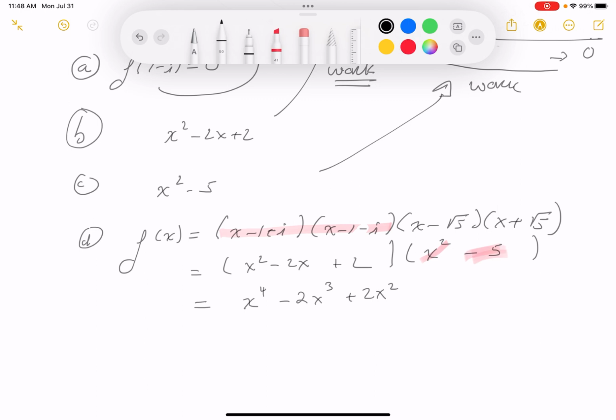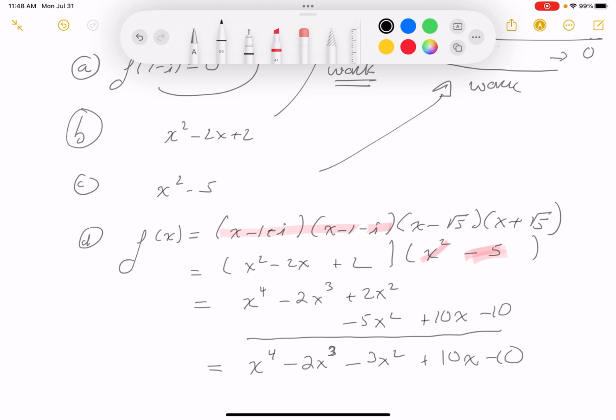Let's see, minus 5x squared plus 10x minus 10. Let's combine them together. And we're trying to verify something over here. You get x to the 4 minus 2x cubed minus 3x squared plus 10x minus 10. Now, did I verify what they said?